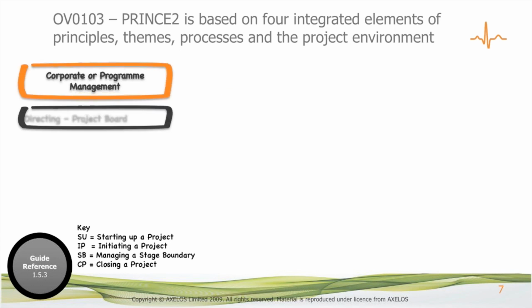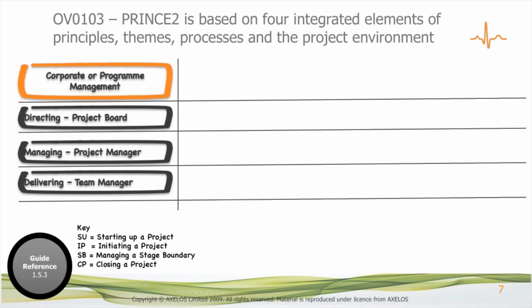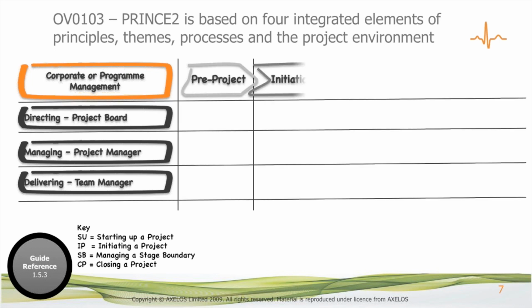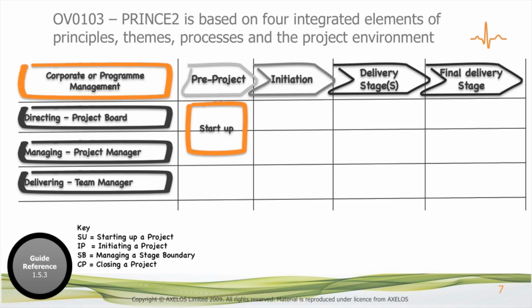Okay, just a quick recap on Prince2. You have different layers of management that are actually operating within Prince2, and there is a process that goes through pre-project initiation, stage delivery, and then final stage.